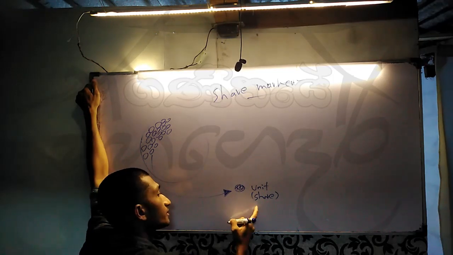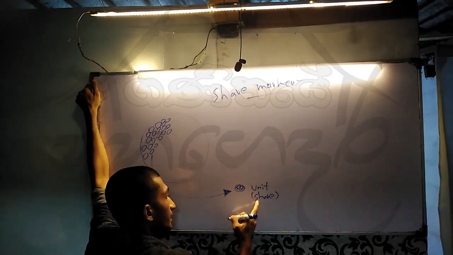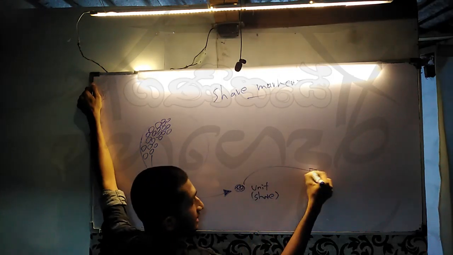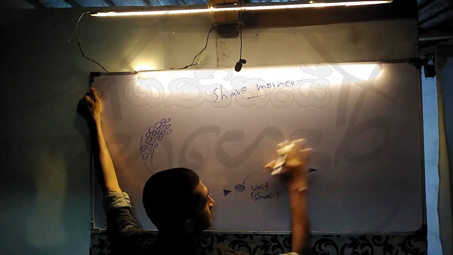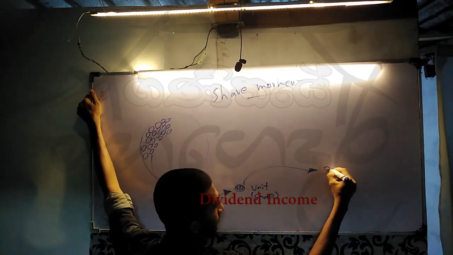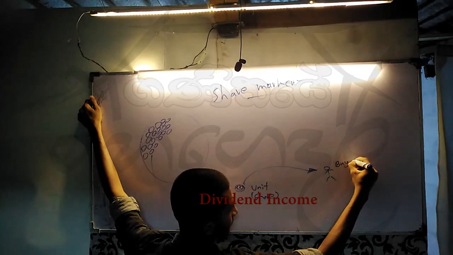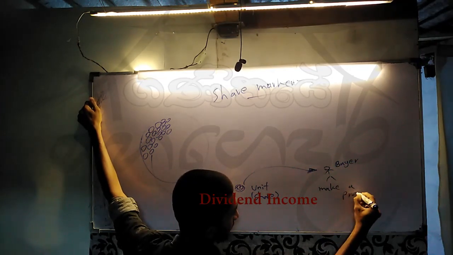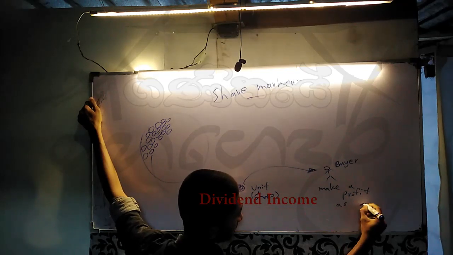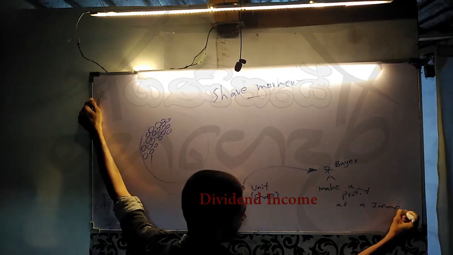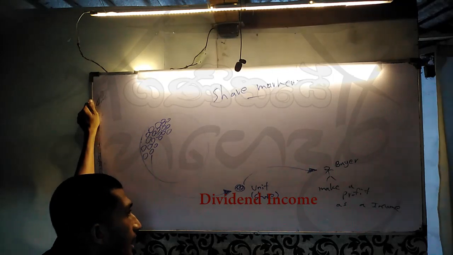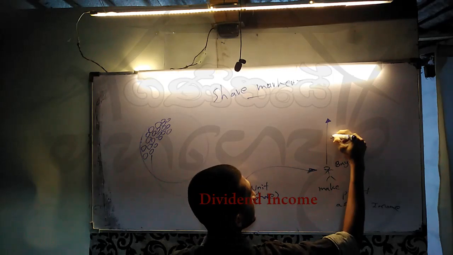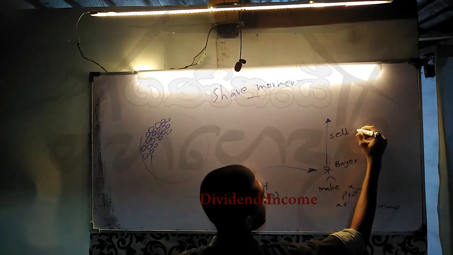The specification of this unit: if there were any buyer, it can make a profit as an income. And again, that investor can resell these units as a business.